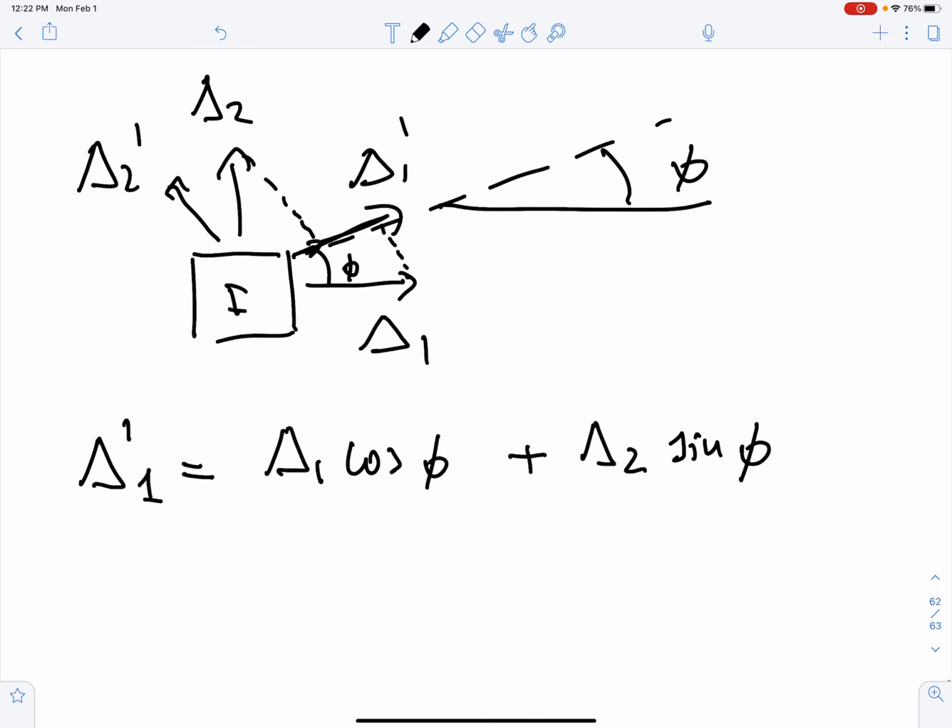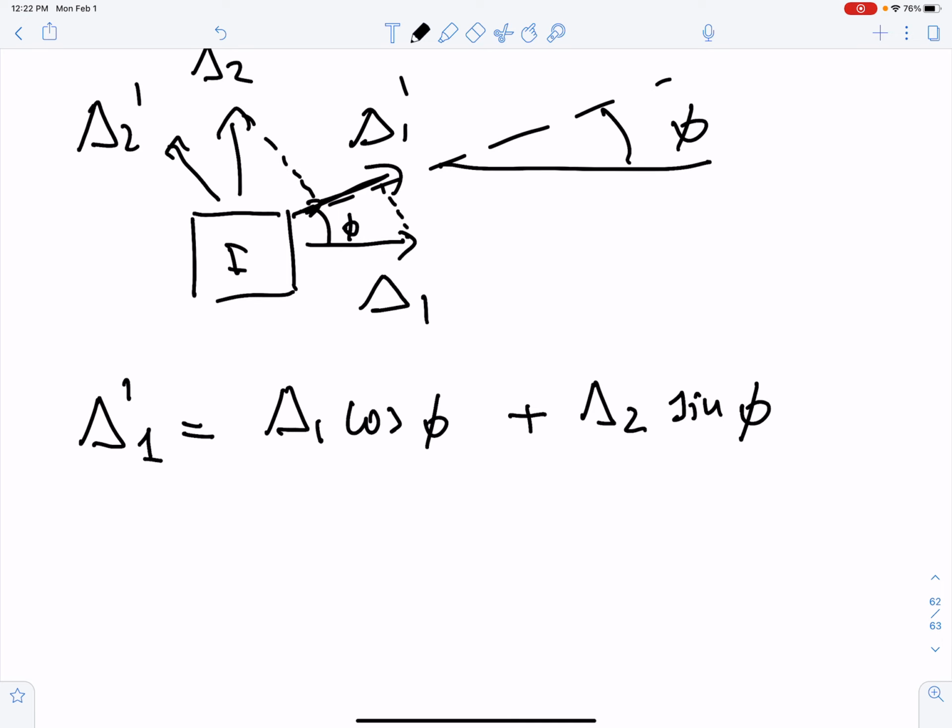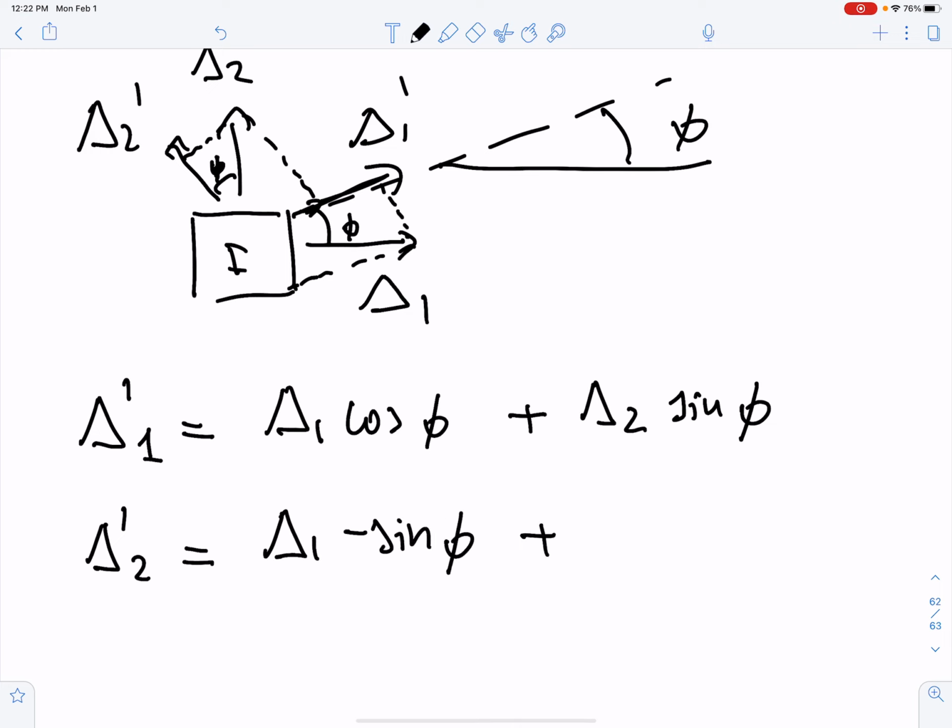You can likewise write down an expression for delta prime 2. There'll be a contribution from delta 2 with angle phi, and also a contribution from delta 1, in fact in the negative direction. So this becomes delta 1 times minus sine phi plus delta 2 times cosine phi.